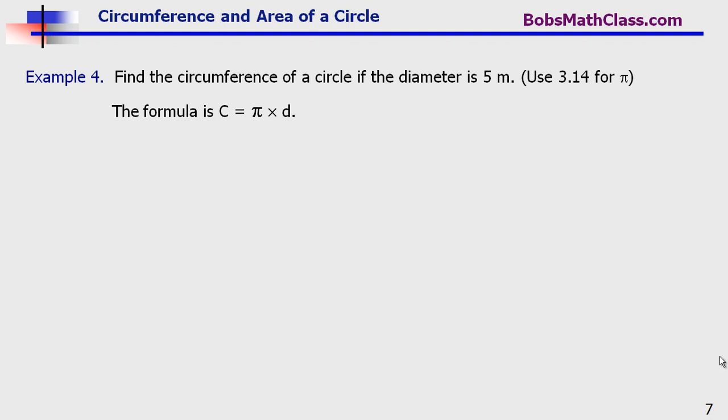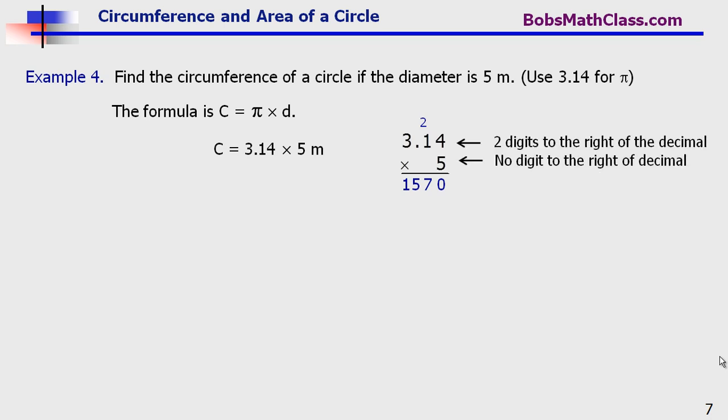Okay, work out the formula. And then replace pi with 3.14, and D is 5. Just go ahead and perform our multiplication now, and then put your decimal point in the appropriate position. Okay, so it's 15.7.